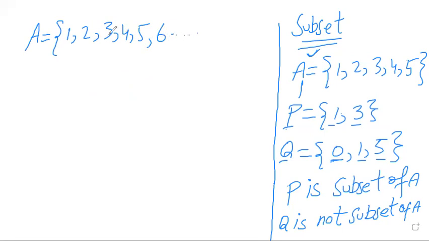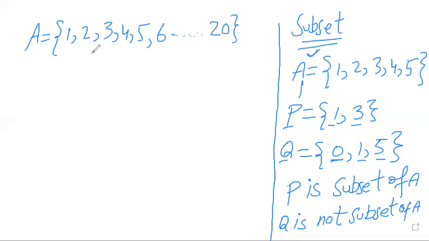It means it will continue in the same order. After 6 will be 7, after 7 will be 8, and it is going till 20. Okay, this is set A. You understood the meaning of this dot dot? Dot dot means after 6 you will have 7, after 7 you will have 8, after 8 you will have 9, and so on.